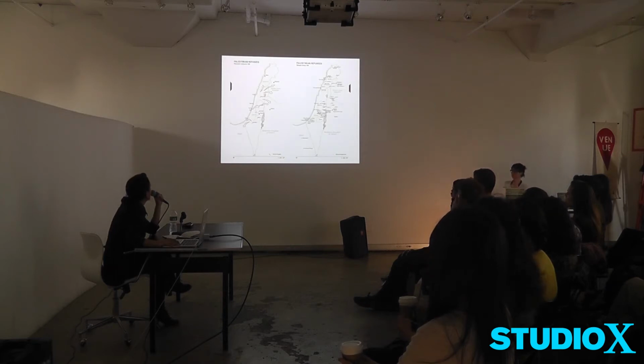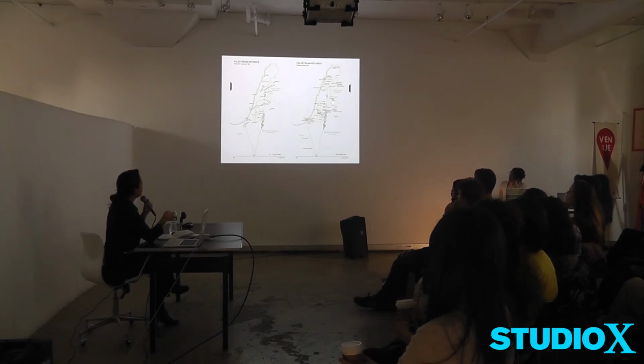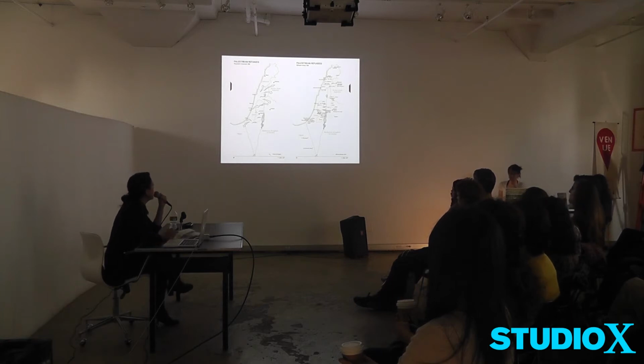About 1 million people became refugees overnight. Most of them settled in the area of the West Bank and the Gaza Strip, but some of them spread in the Middle East. Those are the oldest refugee camps in the world, made by the UN, and they exist until this day.